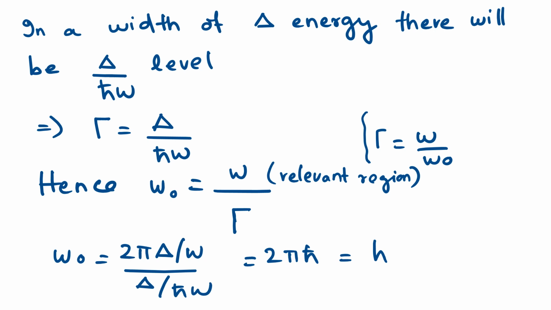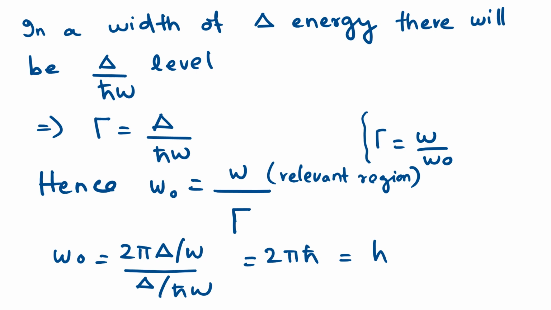So now applying it, the relevant region in the phase space is 2πΔ/ω, and Δ/ħω is the number of microstates possible.